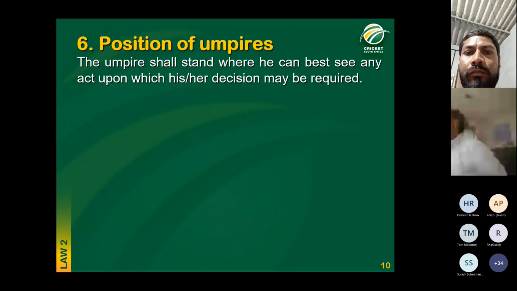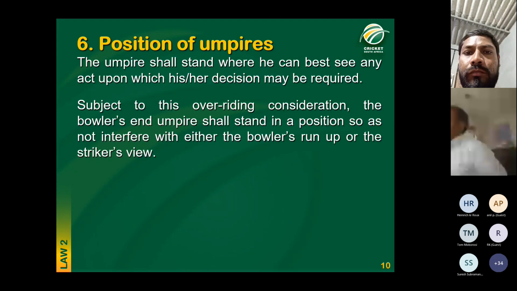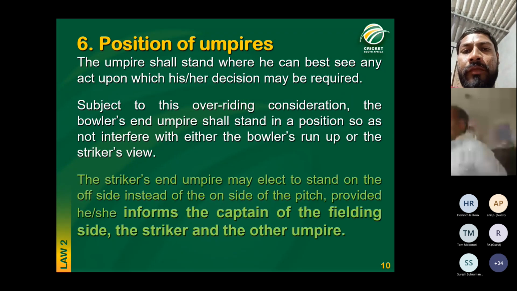Where do the umpires stand? The law guides us. They firstly tell us the umpire should stand where he or she can best act to make a decision. But the law also tells us that the striker's end umpire needs to stand on the onside.